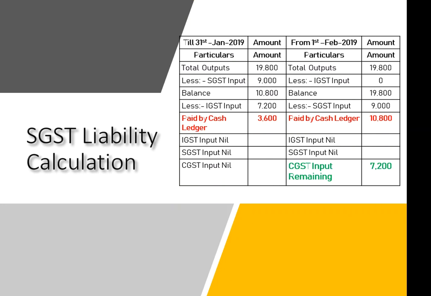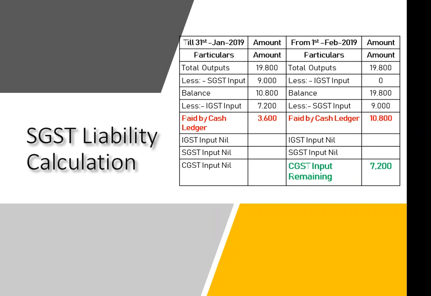For this, total output was 19,800. We'll reduce SGST here, 9,000. Balance will be 10,800. Accordingly, we'll also reduce IGST input, that was 7,800.